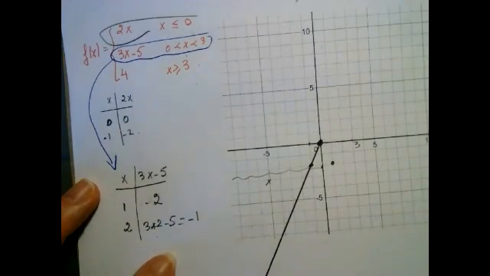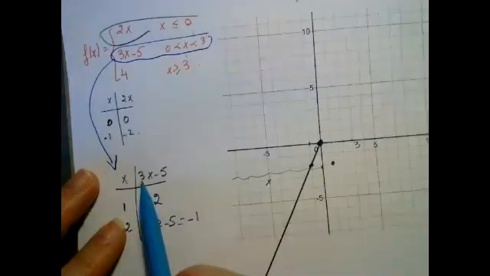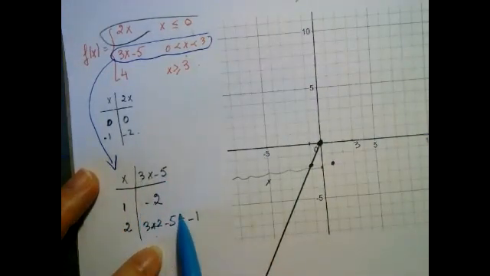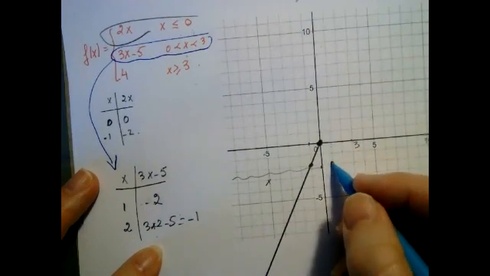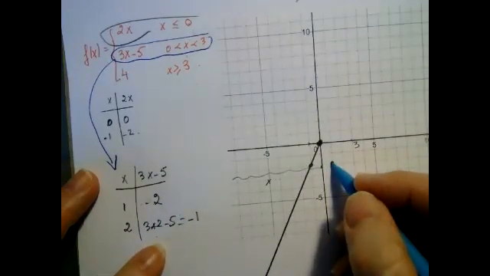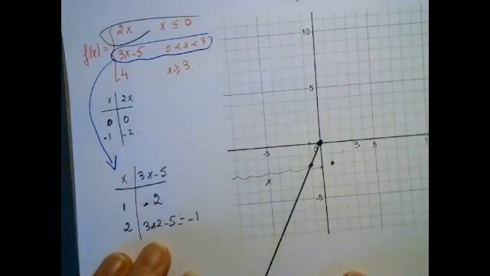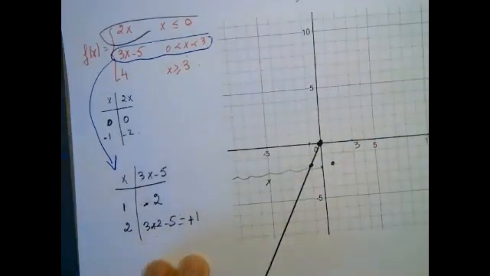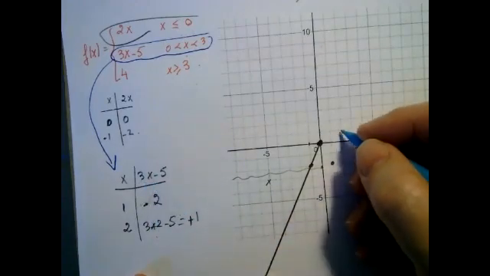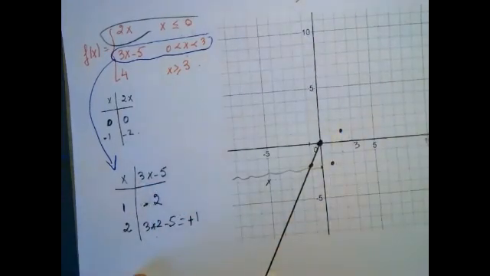At 1, I am at -2, and at 2, that's a positive one. I made the same mistake. Ah, okay, that's why the graph wasn't working. All right, that's +1. Very good.